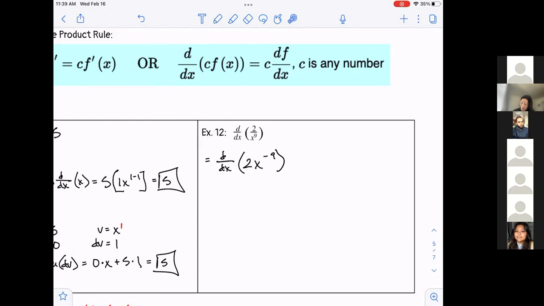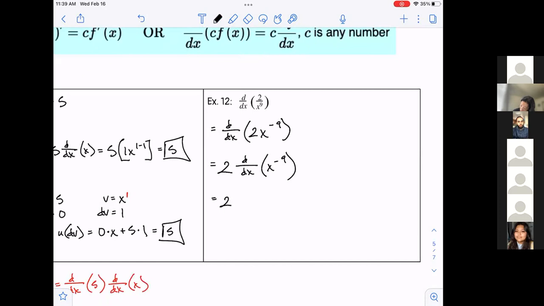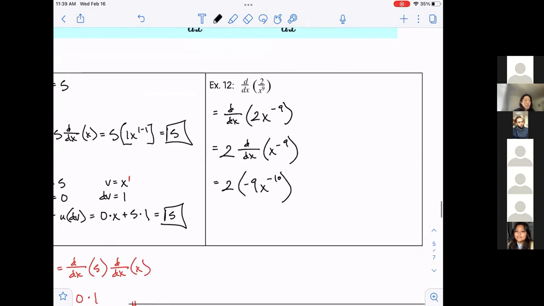Now 2 is our c, so we bring the 2 out, 2 times the derivative of x to the negative 9. We get 2 times negative 9x to the negative 10, because I'm losing one more. And this should give me negative 18 over x to the 10th.